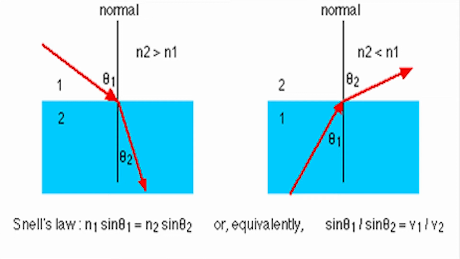And whenever the light ray is traveling from denser medium to the rarer medium, it bends away from the normal drawn at the point of incidence at the interface of the two media.